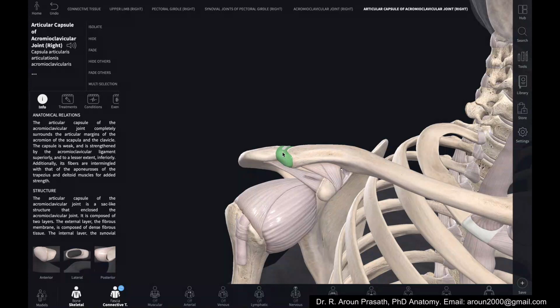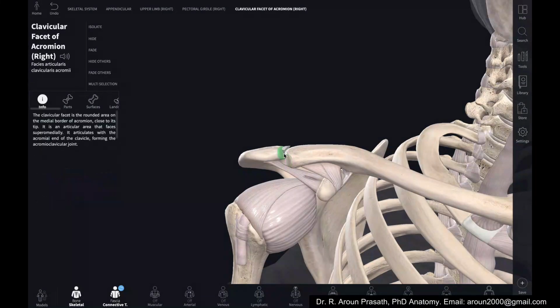Whenever you study a major joint, you have to know that all major joints have a joint capsule. Apart from that, outside the capsule there are some ligaments, and in some joints there are ligaments inside the joint also. Once you remove the capsule, you can see the articulating surfaces.